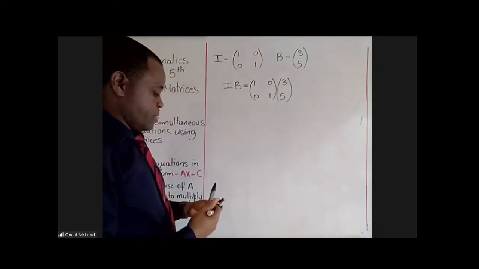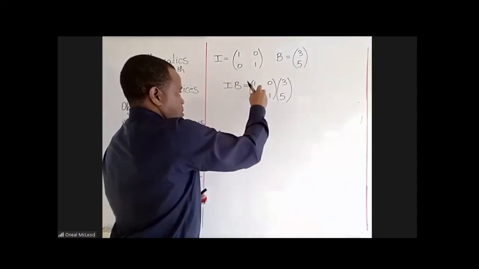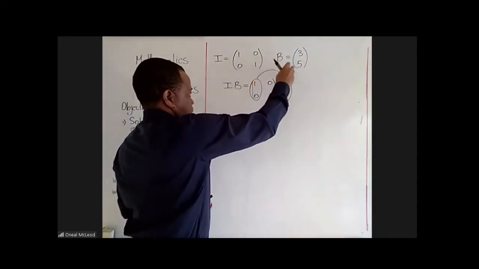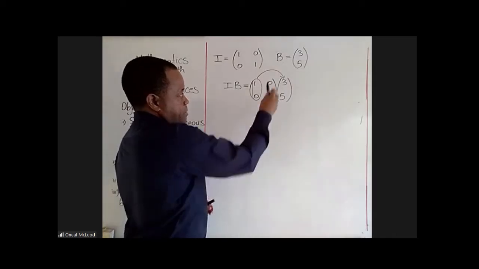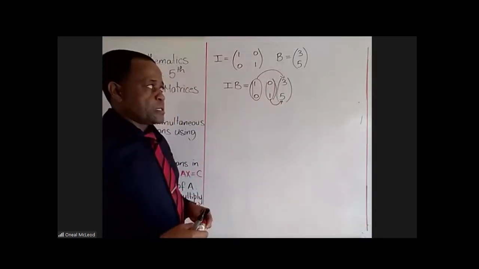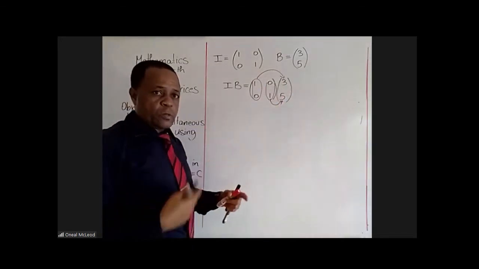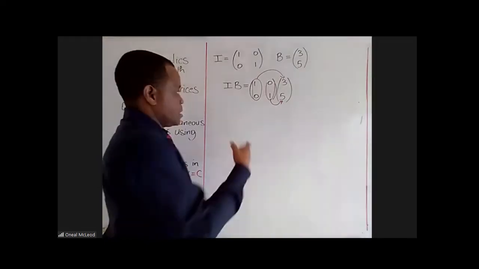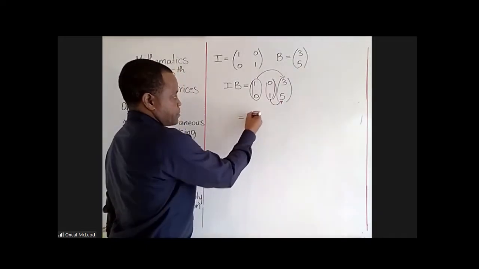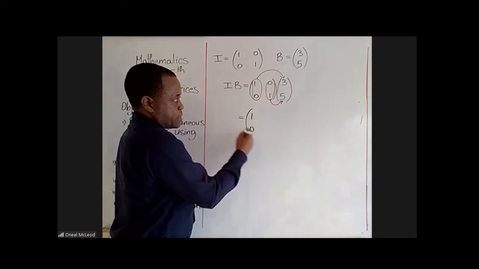Again, using our distributive law, we're taking these two and we're distributing them to that one. These two will be distributed to that number. Now, only one column here, so the distribution will only take place once. So let's see what happens now. I'm going to take down the 1 and the 0 here. 1, 0.